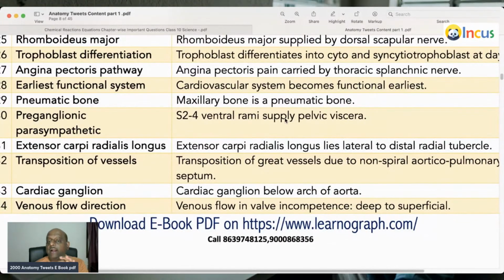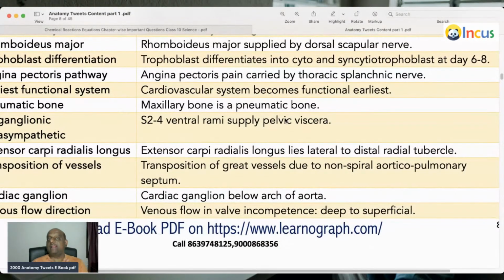Extensor carpi radialis longus, where does it lie, doctor? It lies lateral to the distal radial tubercle. And what is the cause of the transposition of the great arteries? It is the non-spiraling. Normally between aorta and pulmonary trunk, there is a septum.